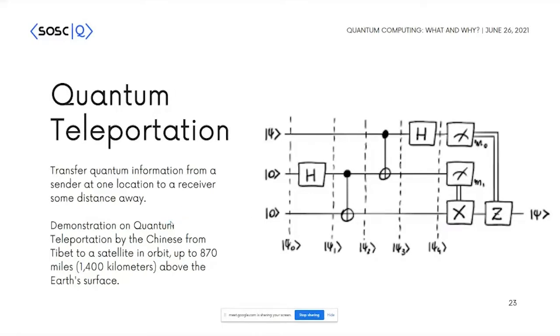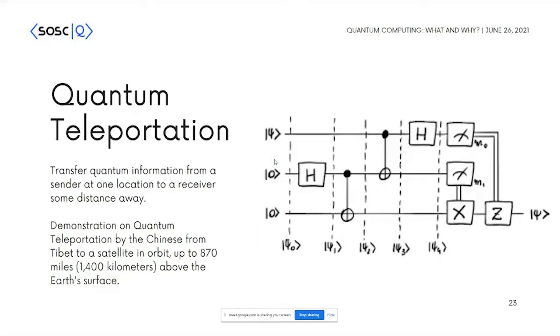They transported the information from a satellite in orbit 1,400 kilometers above. As you can imagine, this is difficult, because even maintaining the entanglement between these states is difficult. But as long as you can maintain it, you can exploit it to transfer states between each other.